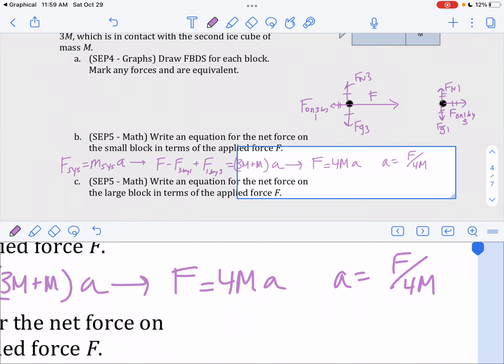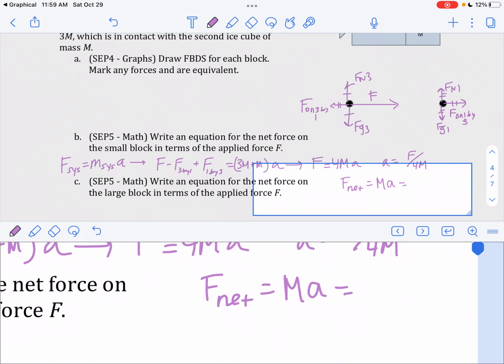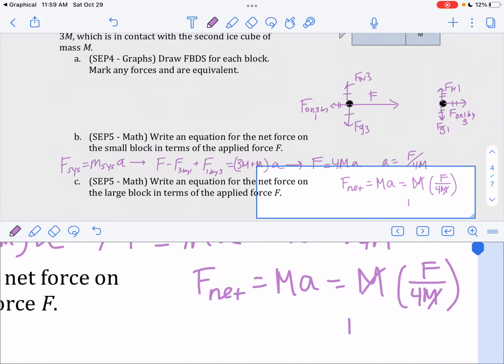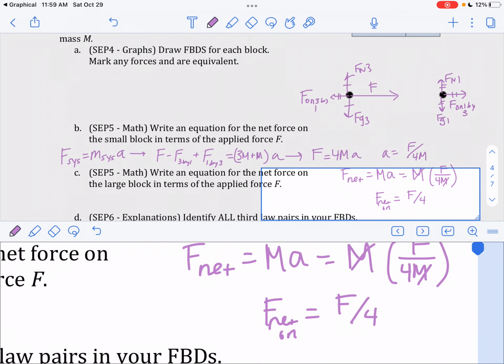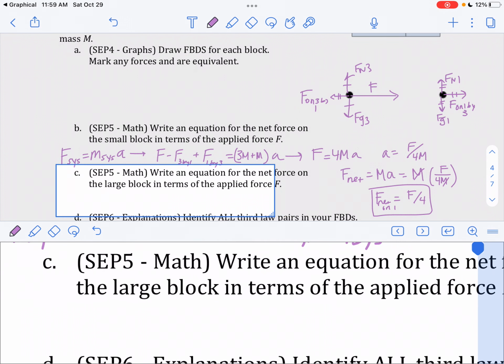Then I can use that to write my equation for the net force on the little block. So the net force on the little block would be the little block's mass times the acceleration. Well, I know the acceleration of the system. The mass cancels, and we get this as our answer for part B. Now the net force for the large block, we're going to do the same thing.